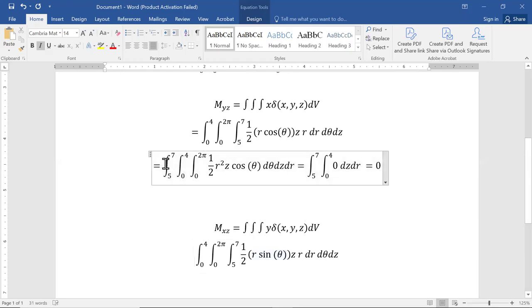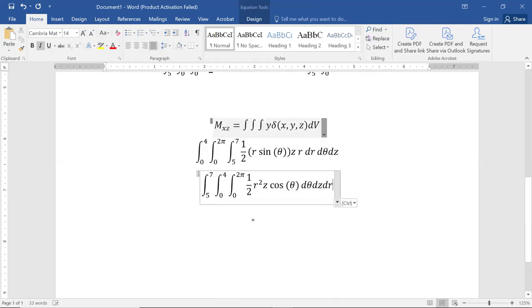And once again, I'm going to do the same thing I did up here. I kind of know how this is going to work now. This is r times r, we've got a z, and then we have sine of theta.